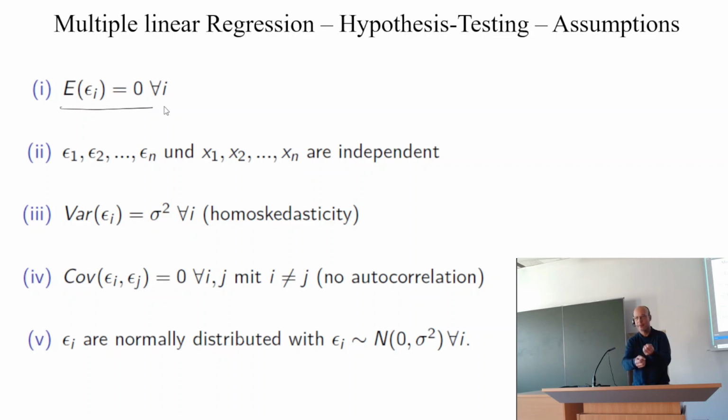And this seems to be a very reasonable assumption in order to get a good decision procedure, because we want to be somehow in the middle with our estimations. But we have to keep in mind this is an assumption: the expectation value of our errors is just 0.